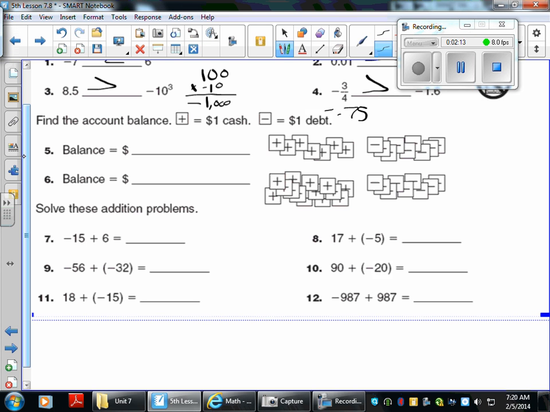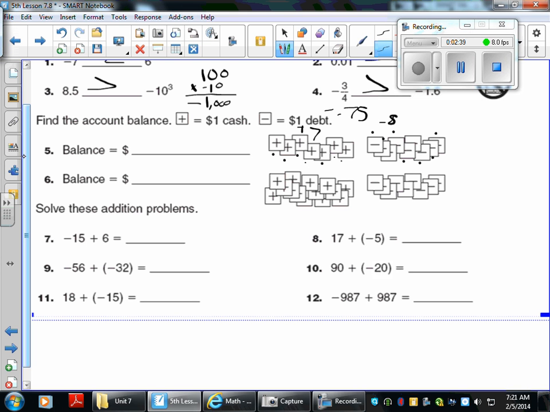So I have 1, 2, 3, 4, 5, 6, 7. $7 in the positive. I have 1, 2, 3, 4, 5, 6, 7, 8 in the negative. So if I have plus 7 in the positive, I have negative 8 in the negative.